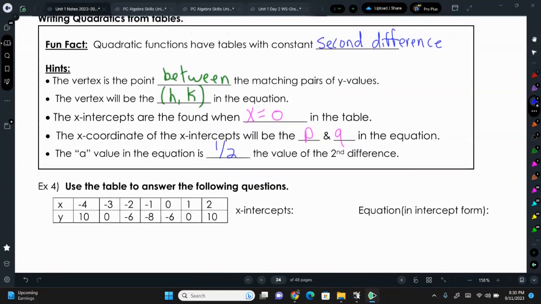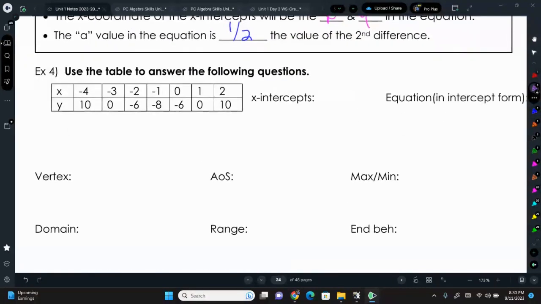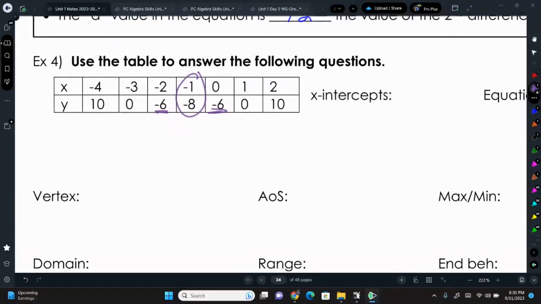Now up here, in the previous page, we calculated a by using a point on the table and then using the vertex or the x-intercepts. Let us solve for a, and then we plugged it back in. That works as well as what we're going to do here. So if we look at this, we have the vertex right here, and you know that because the y values are the same on both sides of that.